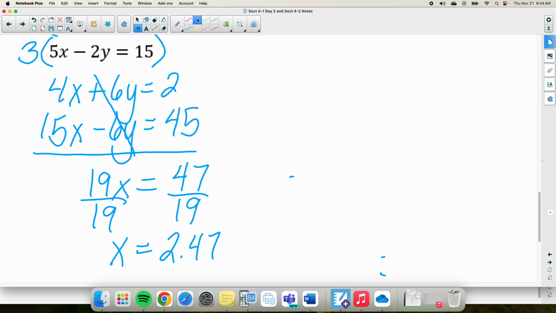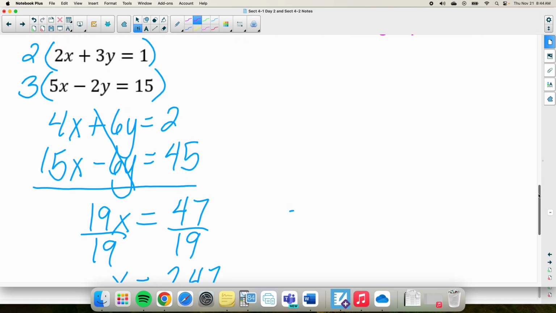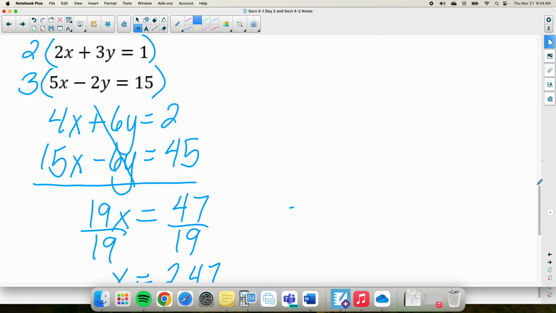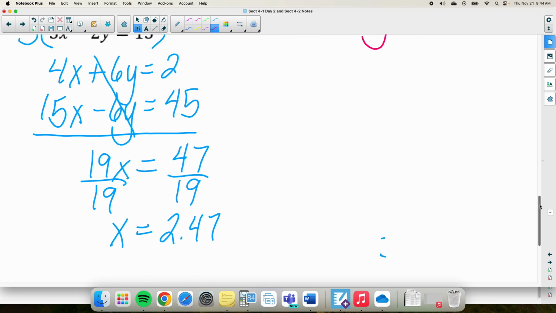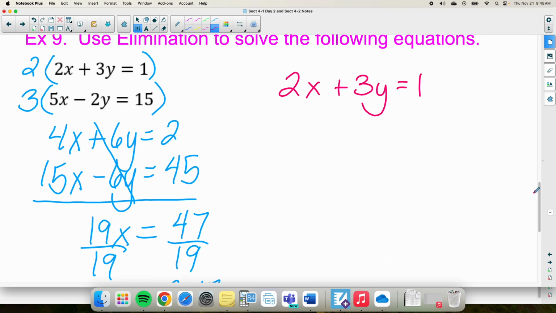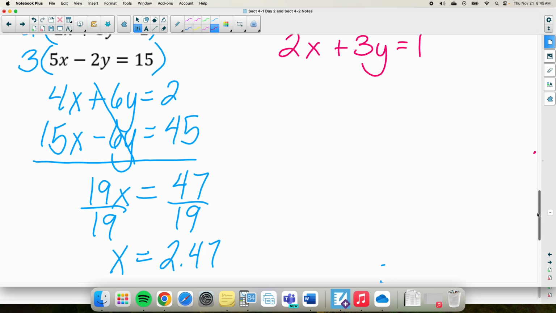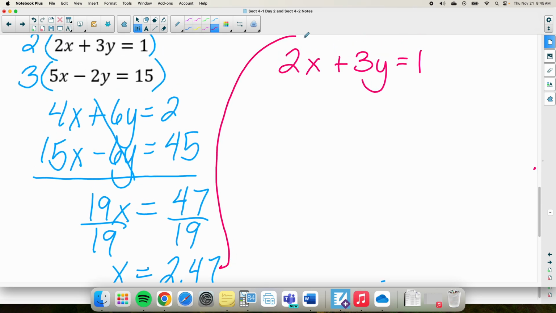Then, when you go to do your other one, you choose one of these two to put it back into to find your y. So I could say 2x, I could use either one, plus 3y equals 1, and normally this would be a nicer number to work with, but it's 2.47.